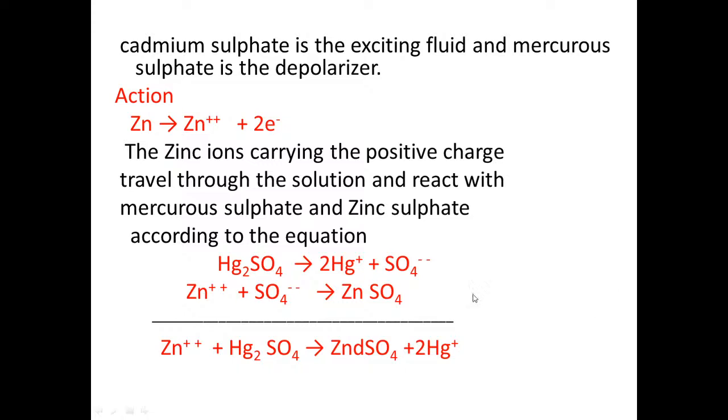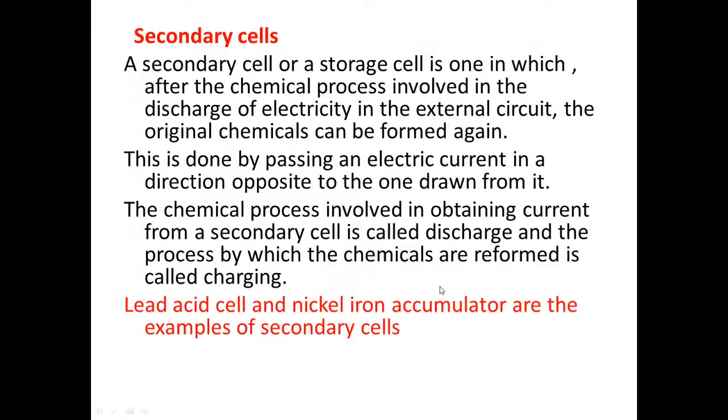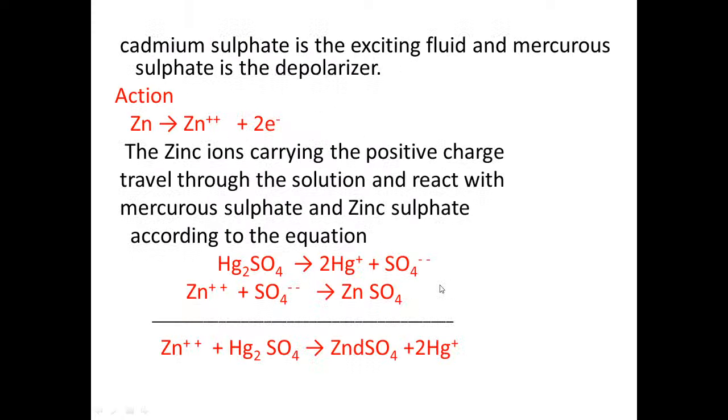According to the equation, mercurous sulfate changes to mercurous ions plus sulfate ions, and then zinc ions combine with sulfate ions giving rise to zinc sulfate. The overall reaction can be written as zinc ions plus mercurous sulfate giving rise to zinc sulfate, ZnSO4, plus 2 mercury ions.